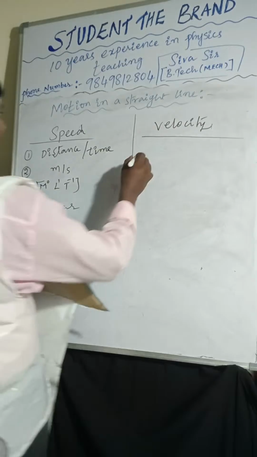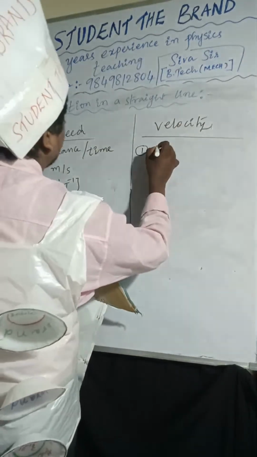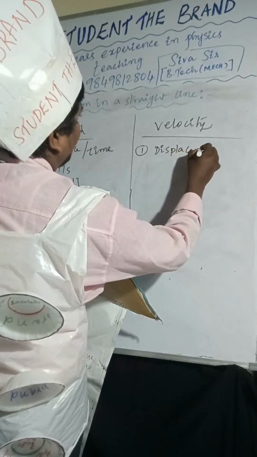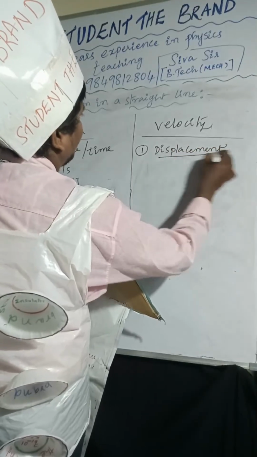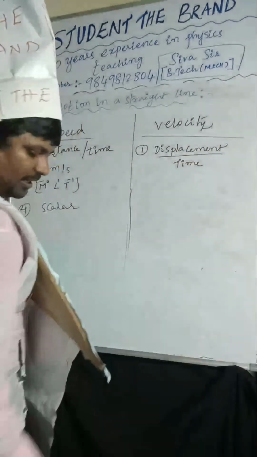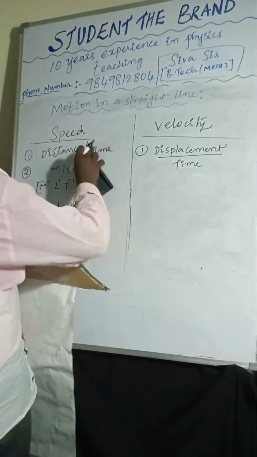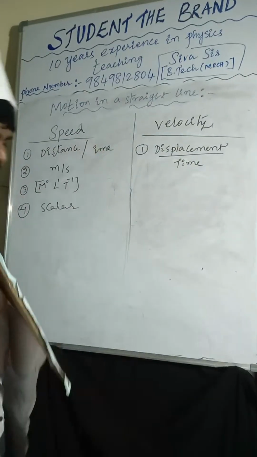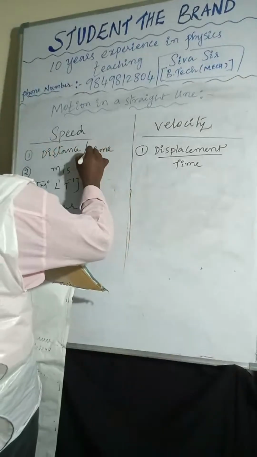Next, velocity is displacement by time taken. Here I'm considering displacement by time.